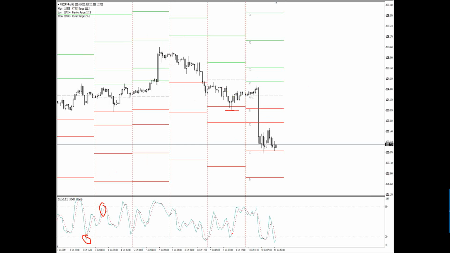At this point, you can see the stochastics was rejecting after it went a little bit below 20. It showed a hammer. So this level here was yesterday's support 1. This is the historical daily pivot point, so it shows today's level and historical levels. You can see it clearly here, guys, that this level was broken with a big momentum.